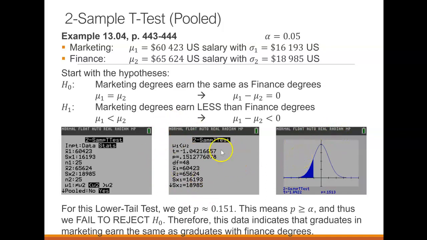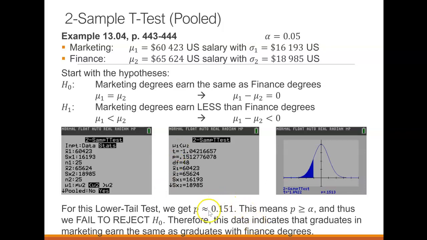From the output, what value are we concerned with primarily? P. That tells us what's going on. What should we be comparing P to in this case? Yeah, this level of significance, which was 5%, or rather 0.05.